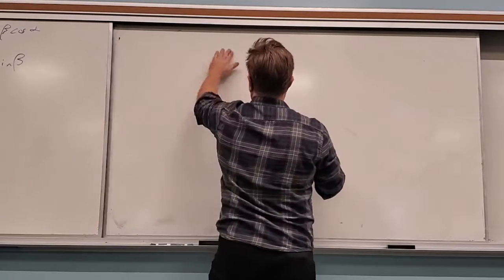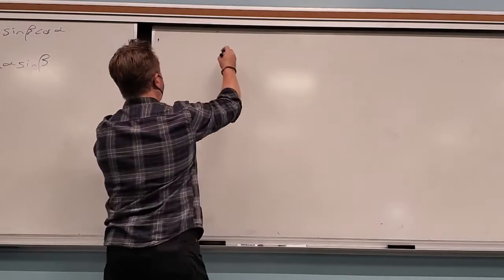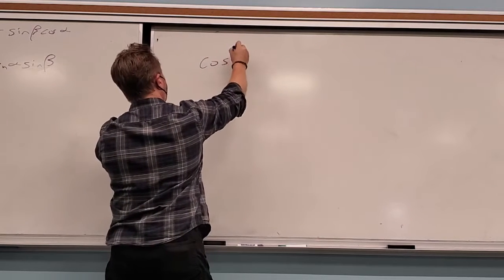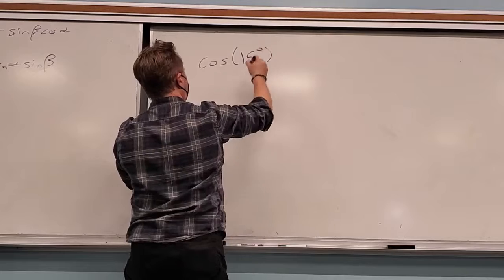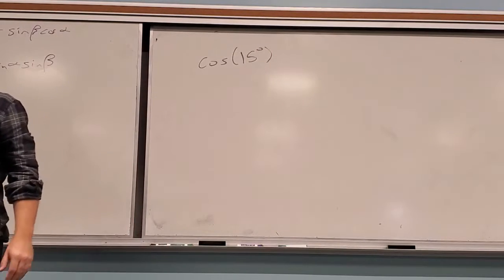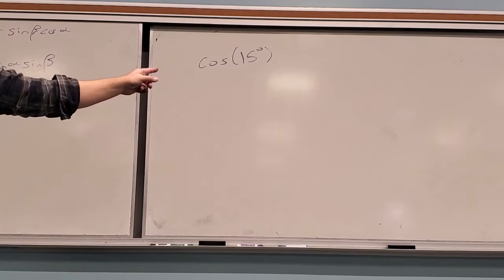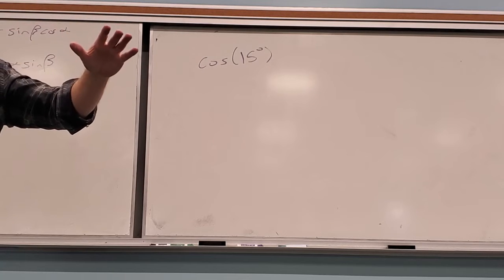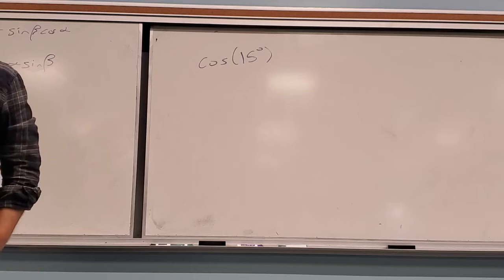So let me ask you something weird. What if I wanted to know the cosine of 15 degrees? Why does that suck? If I would have asked you this on the quiz, what would you have done? Why would that be mean?